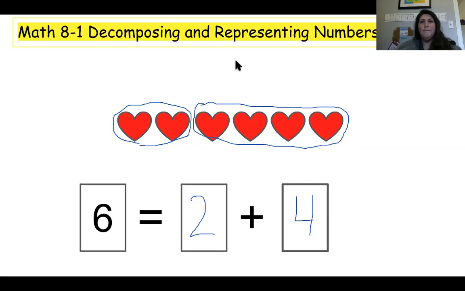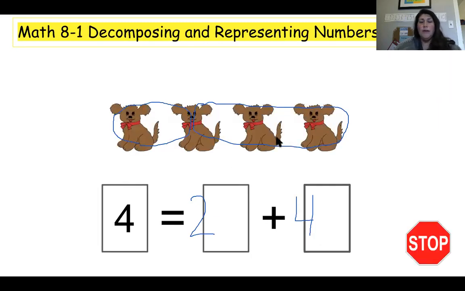All righty. Let's go to our next one. There are other ways you could have done this. You could have done 1 and 5. You could have done 0 and 6. All of those are correct.